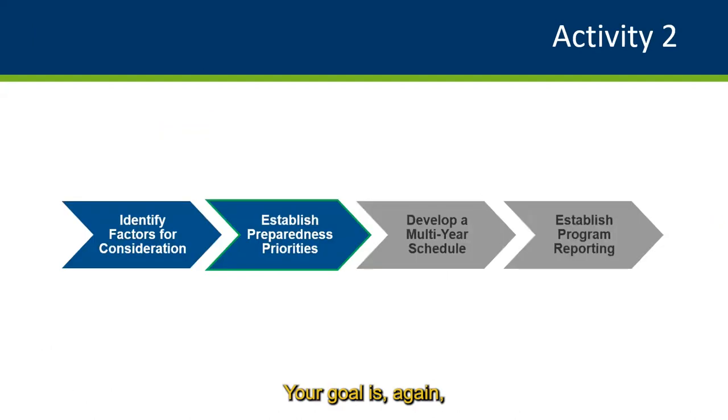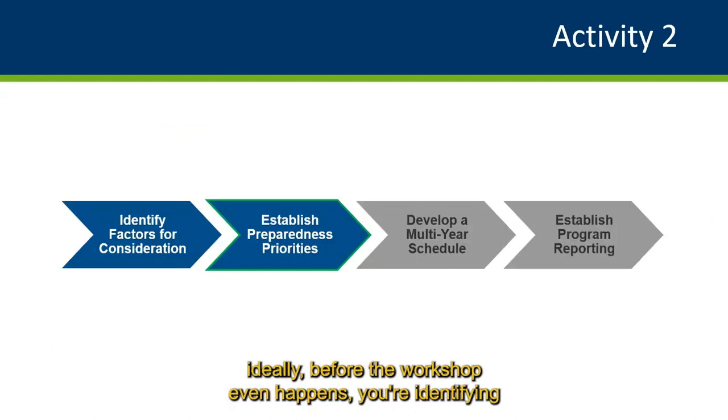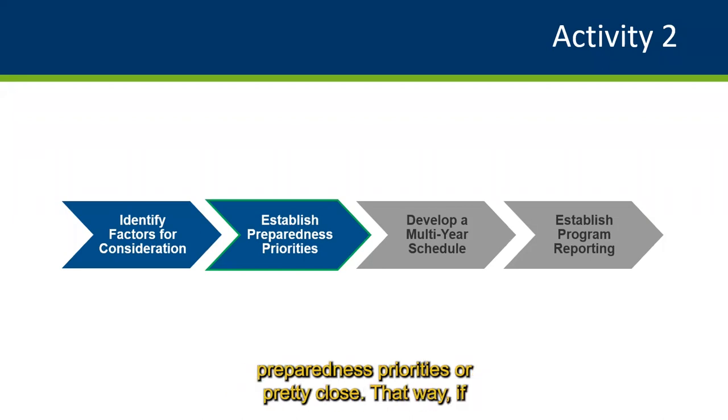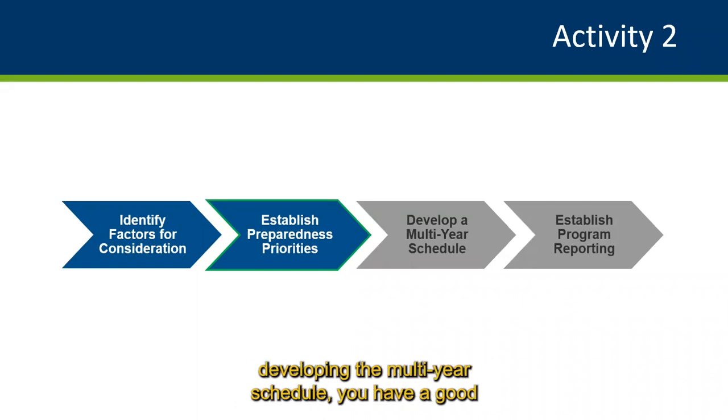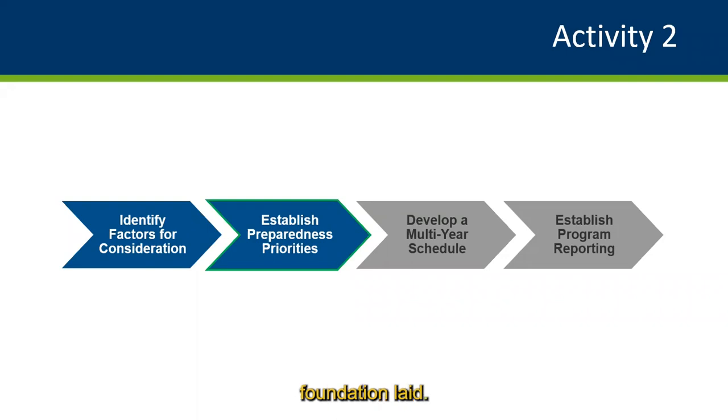Your goal is, again, ideally before the workshop even happens, you're identifying your factors for consideration and you are establishing your preparedness priorities, or pretty close. That way, if you've done some emailing, some virtual workshops, some conversation before, then when you get to activity 3 about developing the multi-year schedule, you have a good foundation laid.